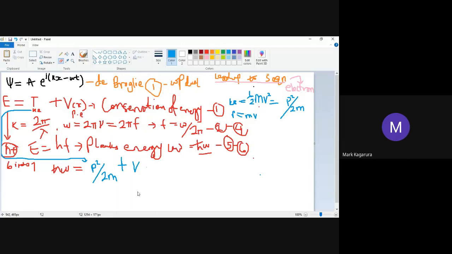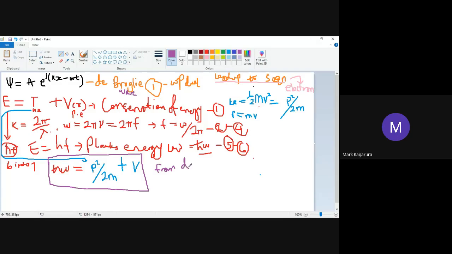Now we have this equation, ħω is equal to p squared over 2m plus V. Now we can get lambda. From de Broglie's hypothesis, this is the de Broglie wave. So let's just box in this equation.